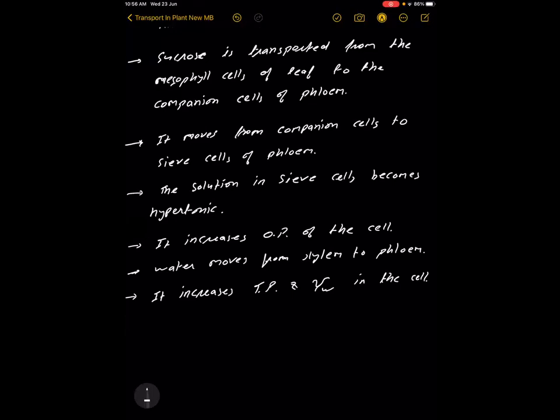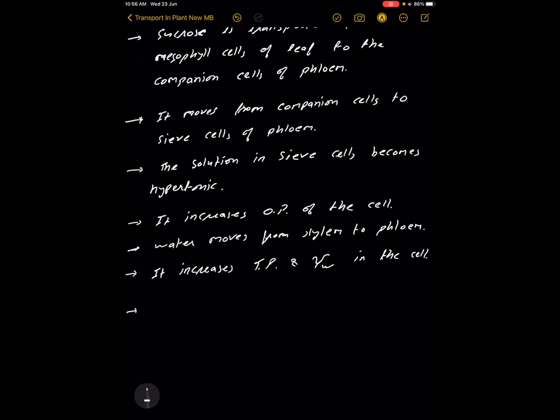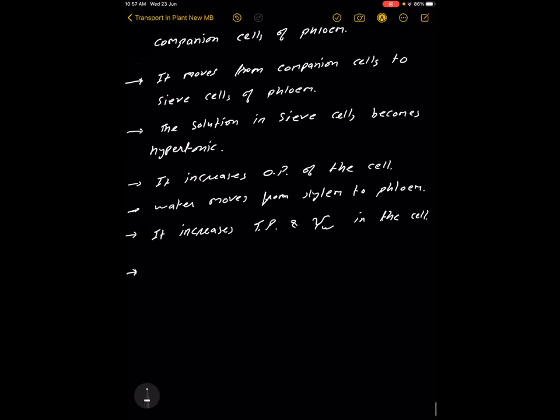So this turgor pressure is higher in the phloem cells than at the sink point. Because of this turgor pressure gradient, the phloem sap moves from source to sink.